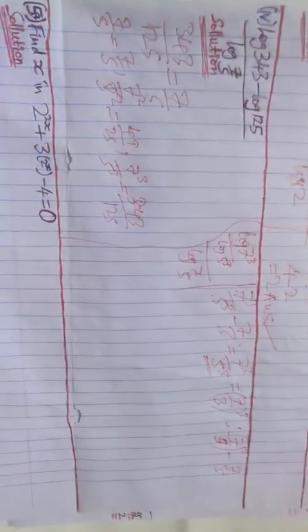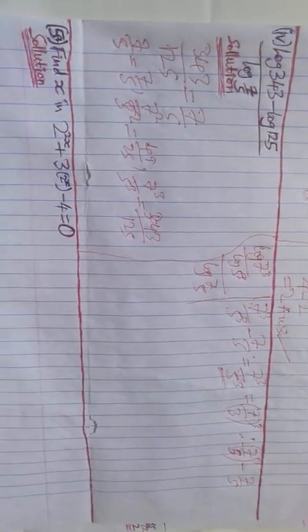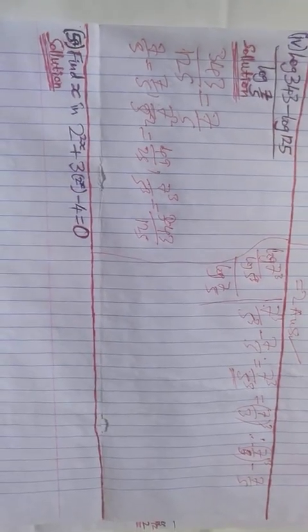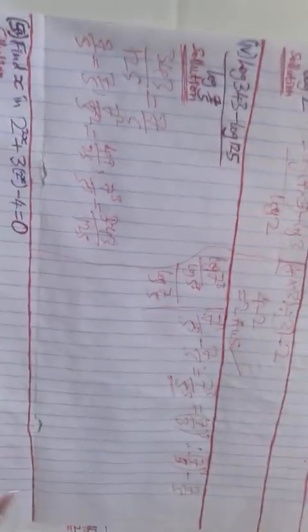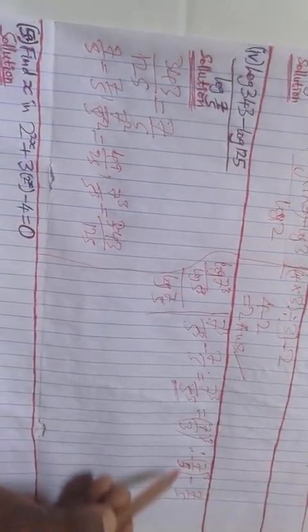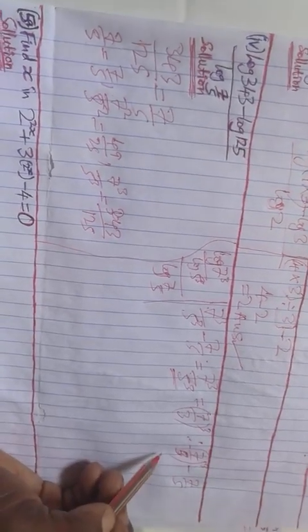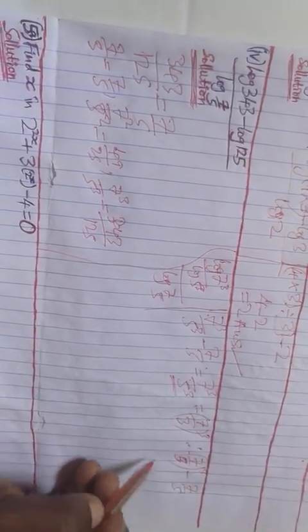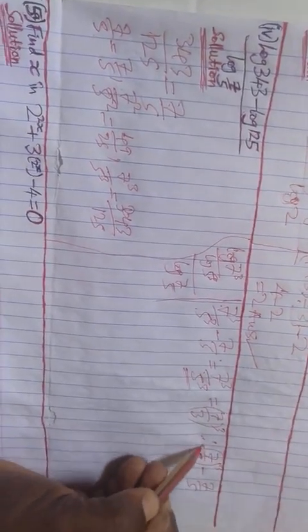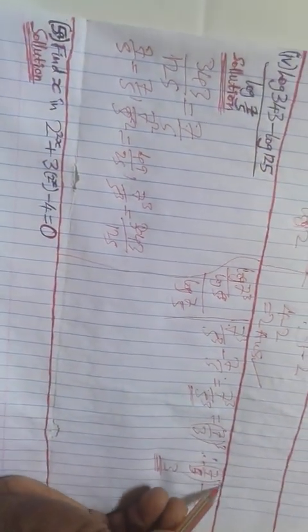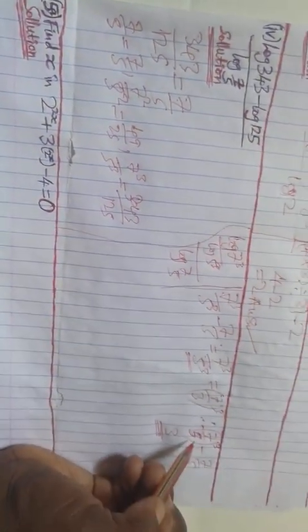Since the bases are similar, we are going to drop them, and our answer will remain to be 3. Our power here, our answer will remain to be 3, since the bases are the same.